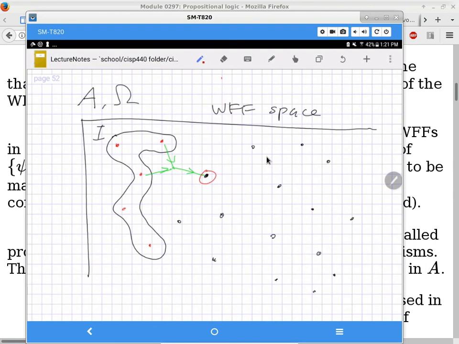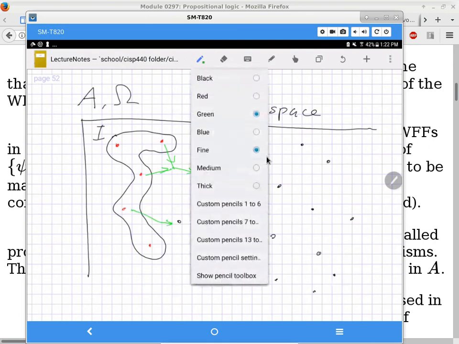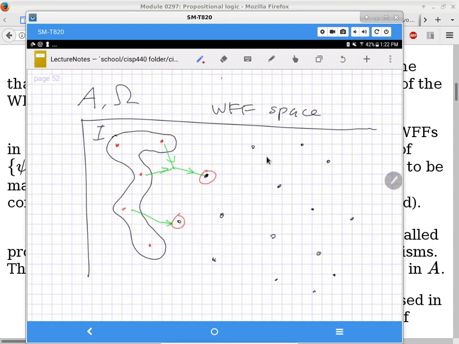Okay, so you can do this multiple times. Let's say this by itself entails that one. So now you can take these two, and we have another transformation rule that will label this one to be true.